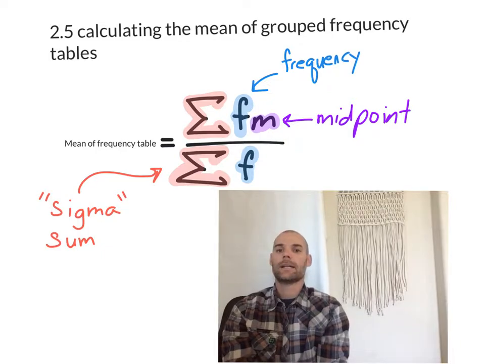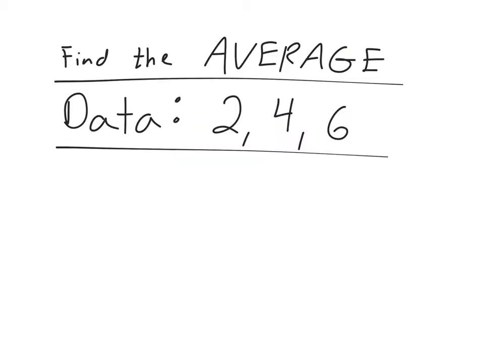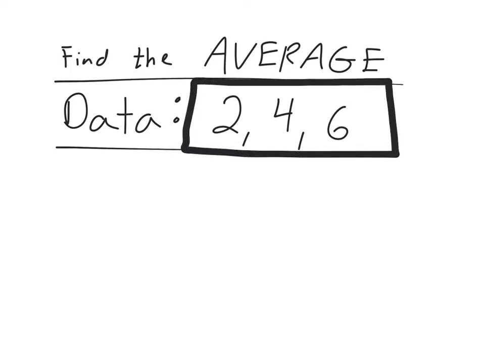Let's take a look at the next slide, where we'll find just the simple average, and then we're going to apply that idea to finding the average or mean of a grouped frequency table. If we were going to just find the average from 3 simple data pieces, then we represent the average with x bar.